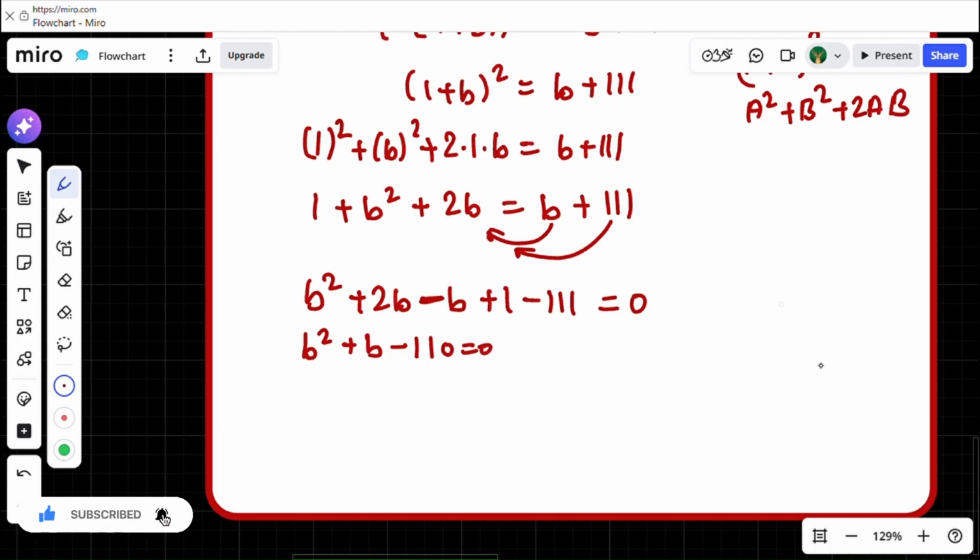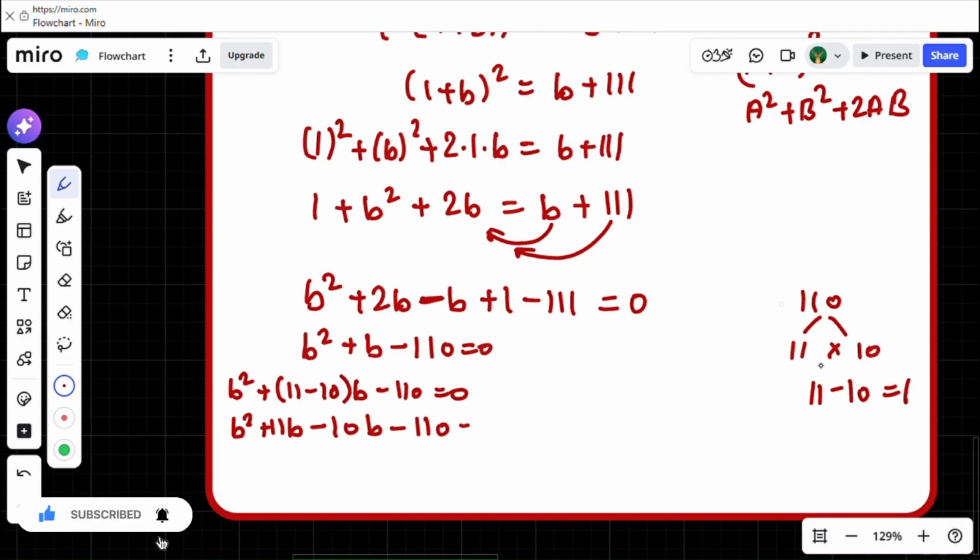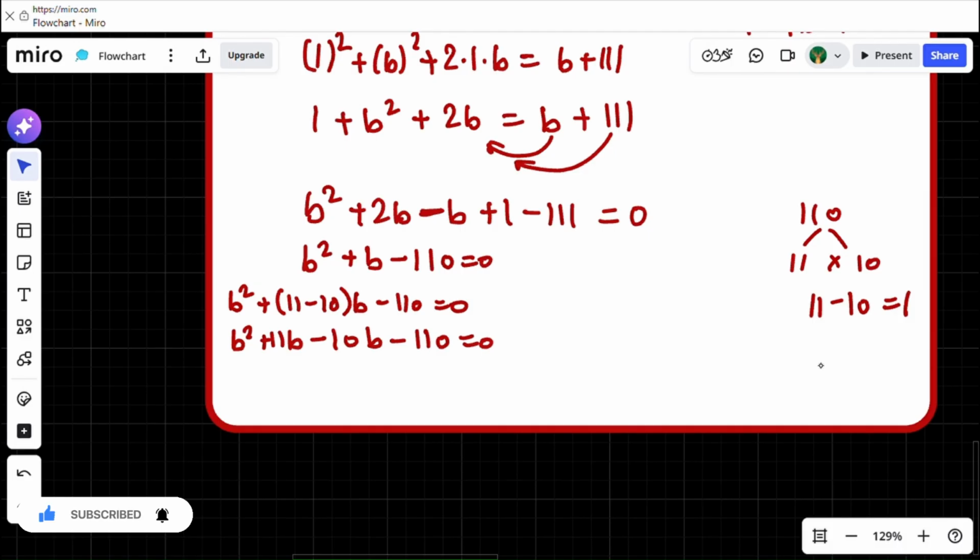We know that this is 110, and 110 will be factor 11 multiply 10, and we also know that 11 minus 10 is equal to 1. So factor will be B square plus 11 minus 10 B minus 110 is equal to 0. So B square plus 11B minus 10B minus 110 is equal to 0. So we can extend this page.